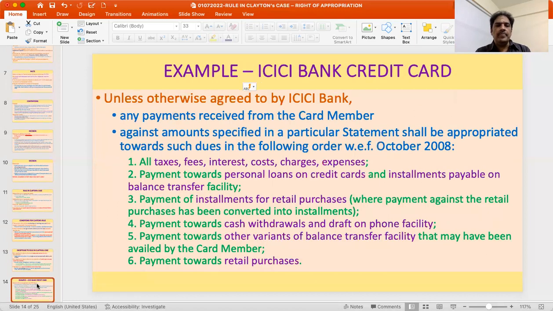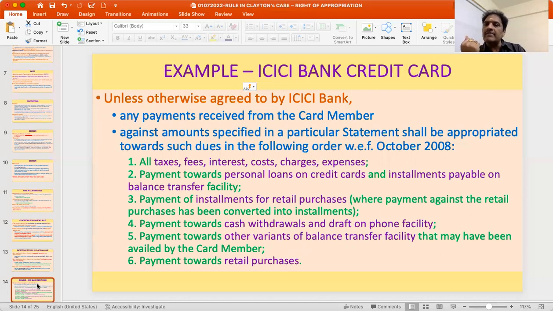An example of one such thing is the ICICI Bank credit card terms and conditions. It says, unless otherwise agreed to by the ICICI Bank, any payments that are made by the card member, where the total amount due shown in the card statement is not fully paid, how will the amount be appropriated?